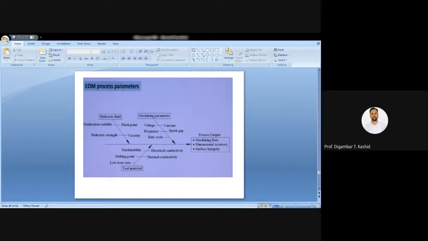Material removal rate achieved in the EDM process is quite low, and it ranges between 0.1 to 10 cubic millimeter per minute. Now you can see the EDM surface here, and I can give the example.